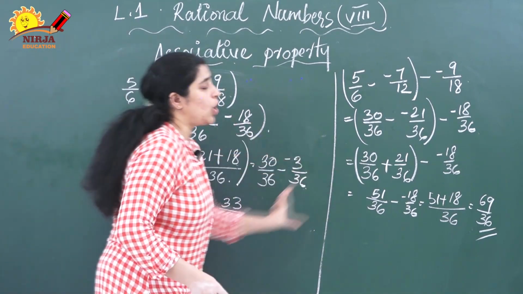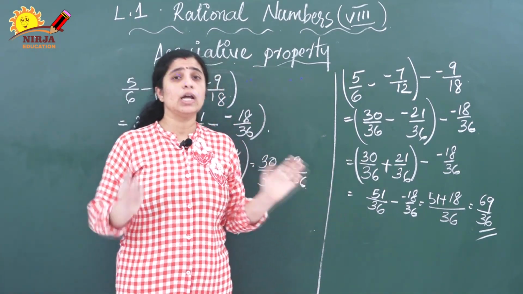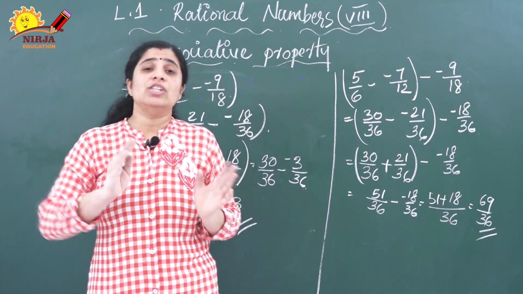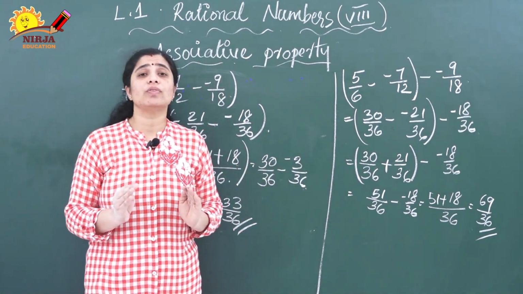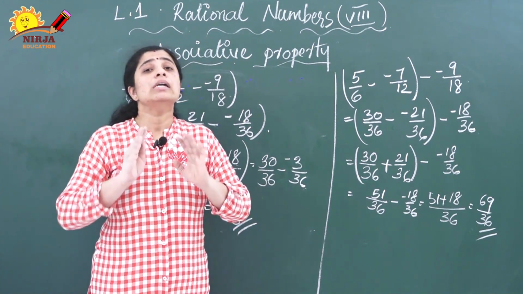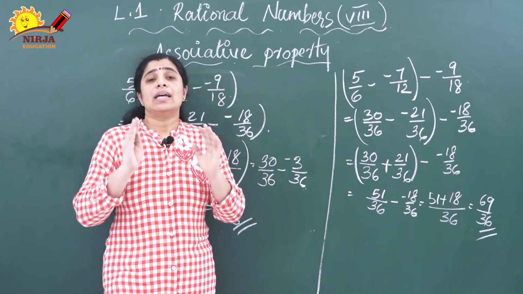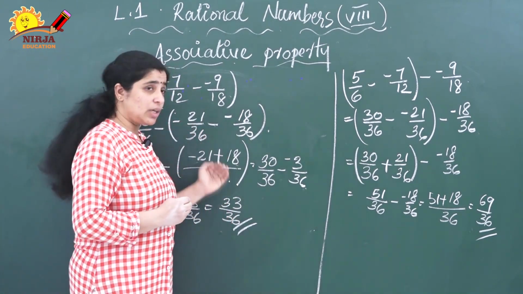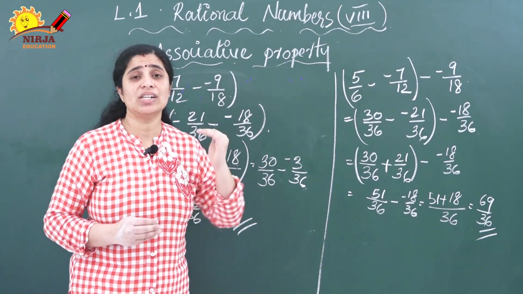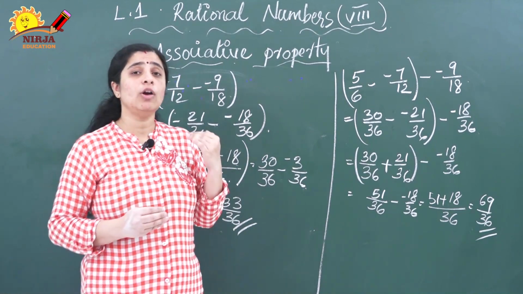That means you are not getting the same answer when you are changing the grouping of the numbers, so the associative property is not true in the case of subtraction. Subtraction does not satisfy the associative property.